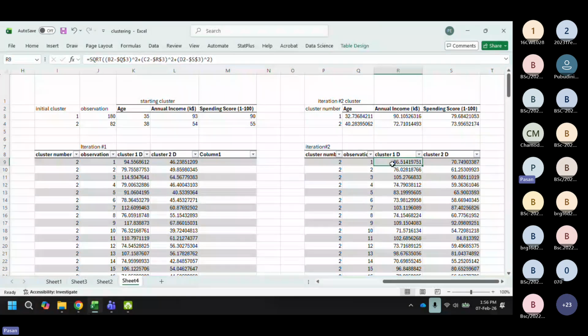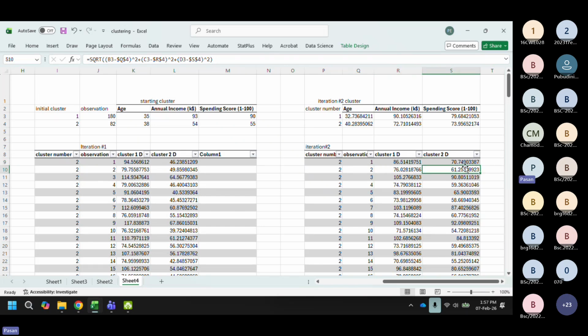What I'm doing is taking the difference between our data set B2, C2, and D2 and the new centers, these three columns, right? I'm having the new centers there.